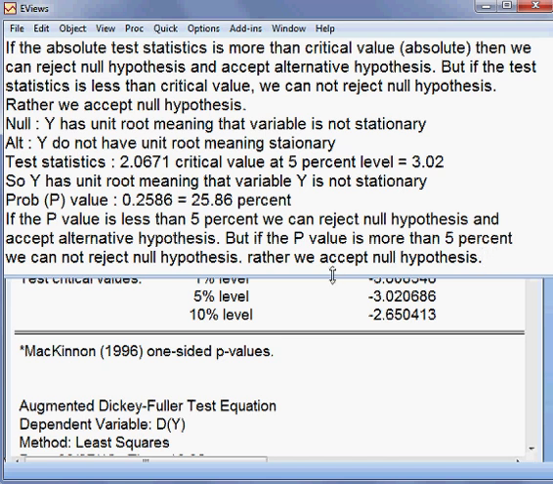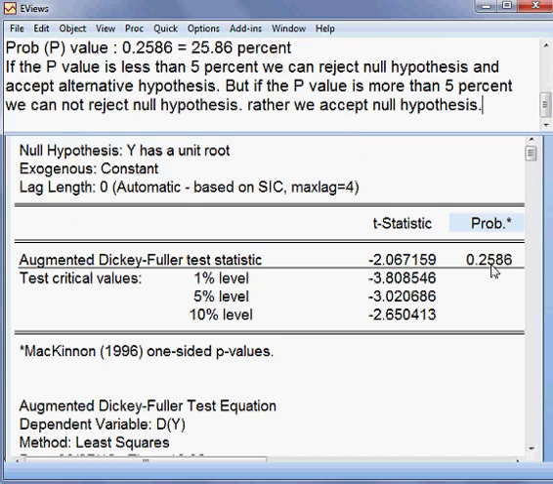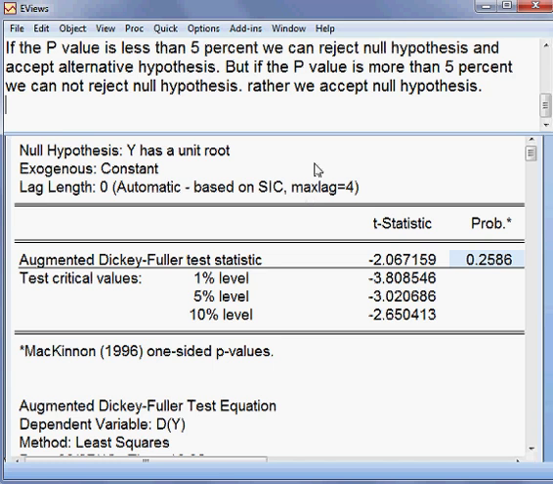And here, the value of p is 25.86%, meaning that the p-value is more than 5%, meaning that we cannot reject the null hypothesis, meaning that we accept the null hypothesis.